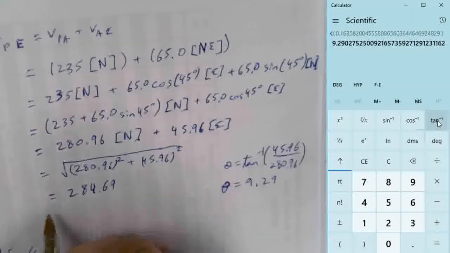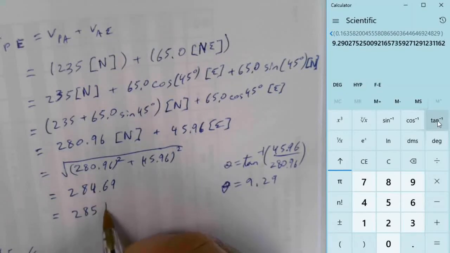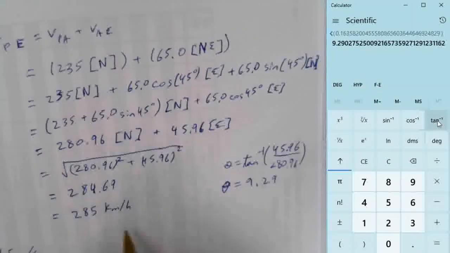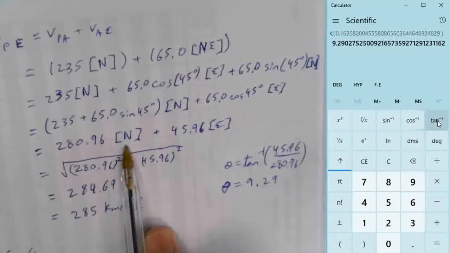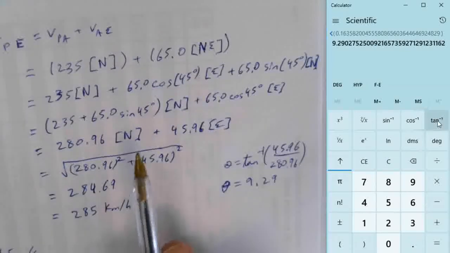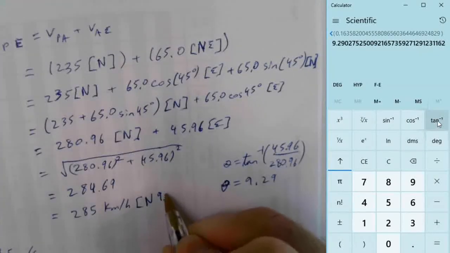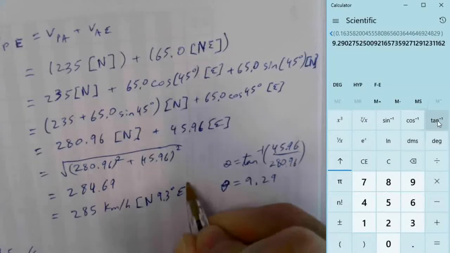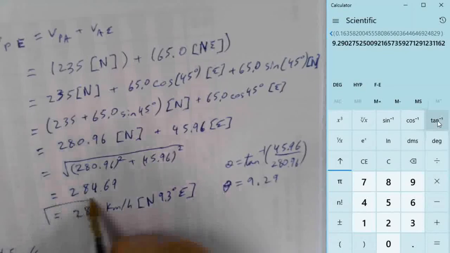And then I can go back here and report my answer rounded to 3 significant digits: 285 kilometers per hour. I'm going towards the north direction because the north has the greater value here. And then I make a turn toward the east at an angle of 9.3 degrees. And then I can box that. That is my solution for this problem.